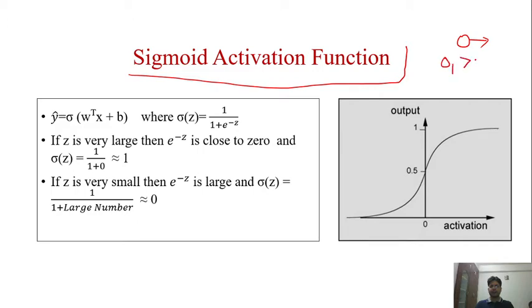If O1 is greater than or equal to 0.5, then it belongs to class 1. If O1 is less than 0.5, then it belongs to class 2. When it is greater than 0.5 it becomes 1, and automatically the other becomes 0.